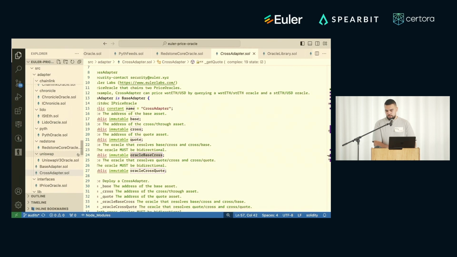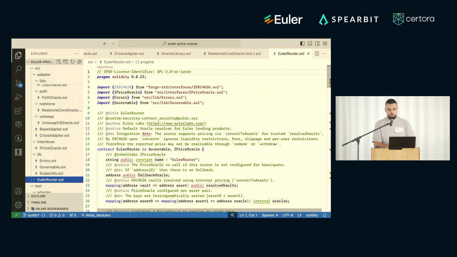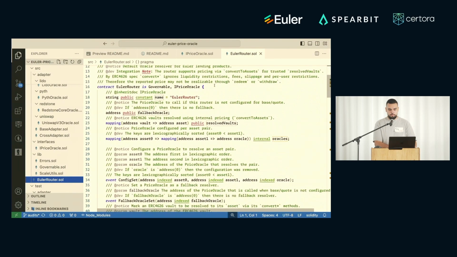And finally, for today, I want to show you the router, which is sort of pretty complicated. Well, I wouldn't say complicated, but a security critical piece of the puzzle here. It's a component that we use in the EVK to price vaults, and is the only IPriceOracle that is governable.